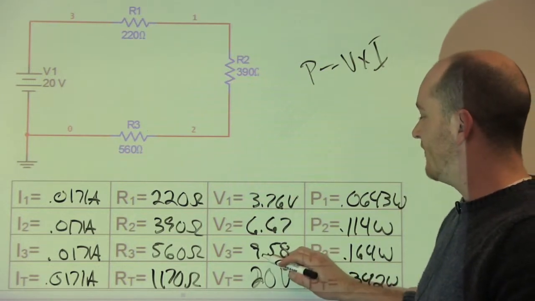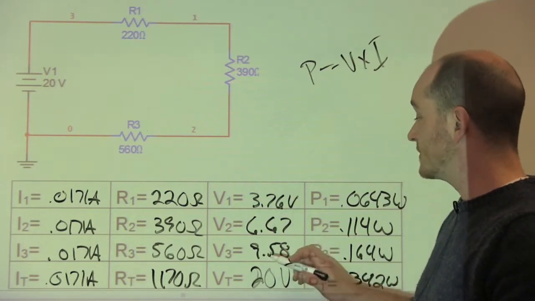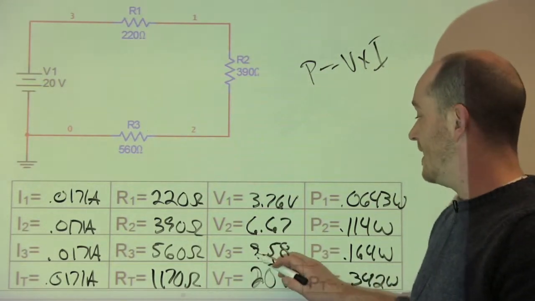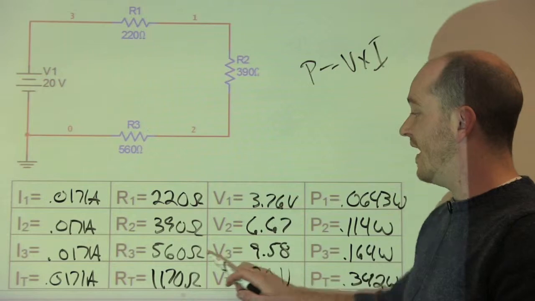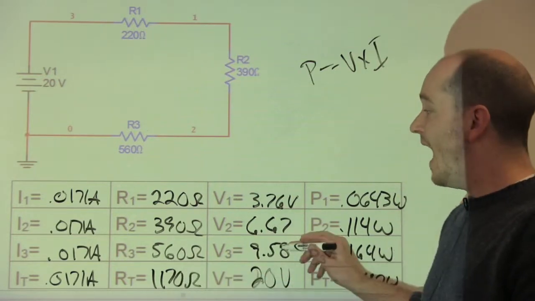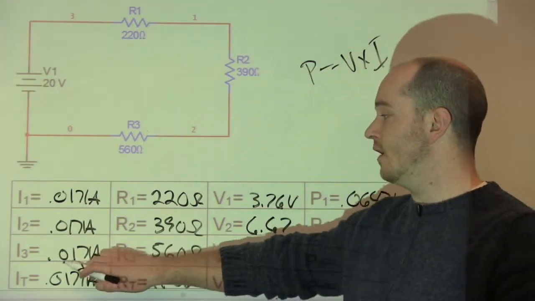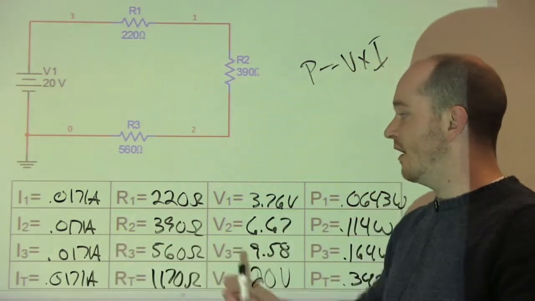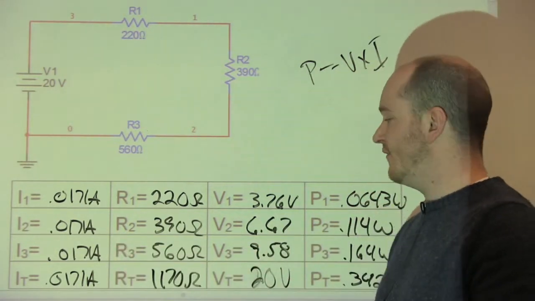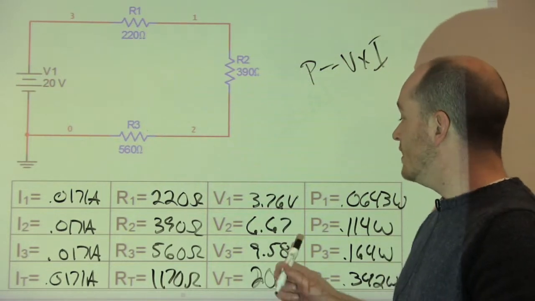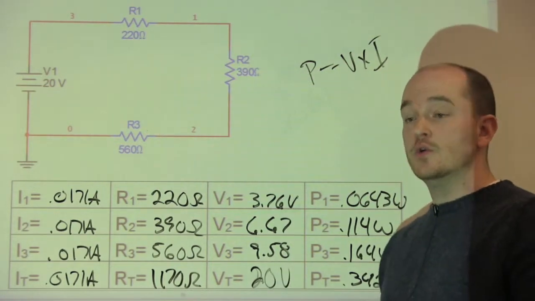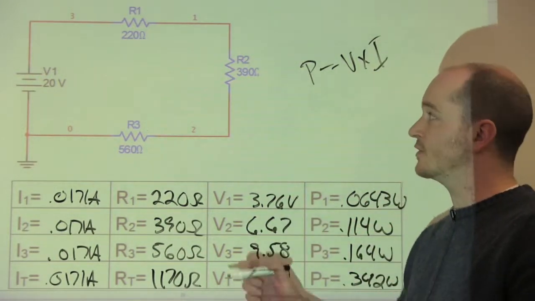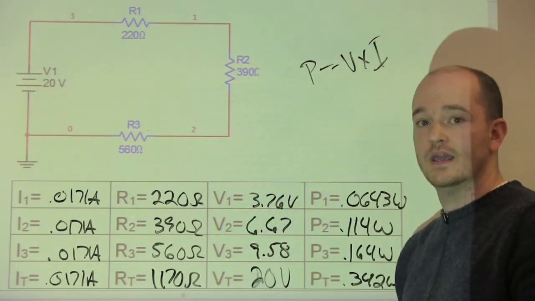So if I were to take 9.58 and divide it by 560, I should come up with really close to 0.0171. That's a way to verify and to find out your current if your voltage total isn't known. So that's how we use the chart here to find all of the information that we need to understand what's happening in a series circuit.